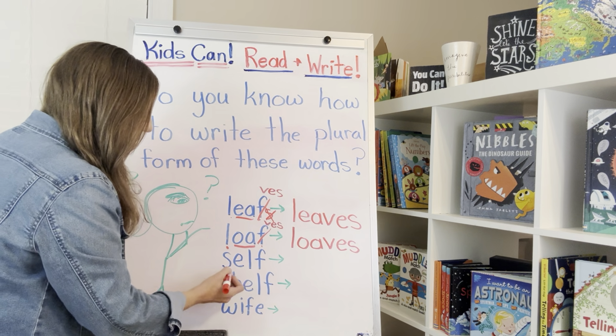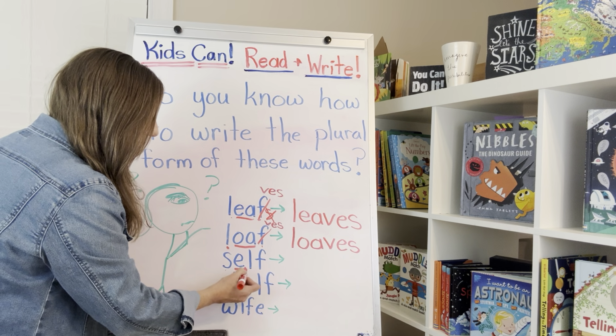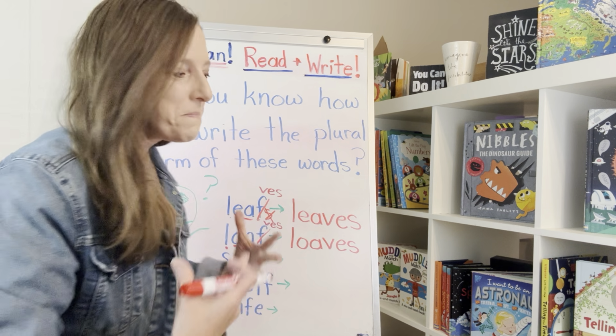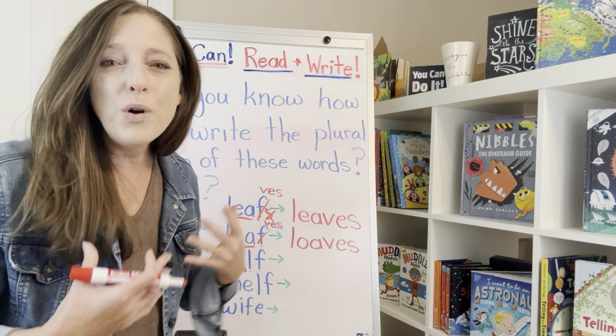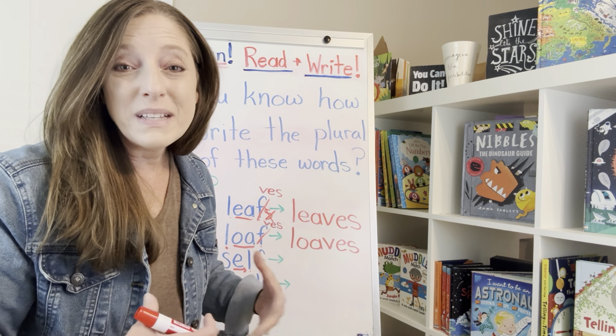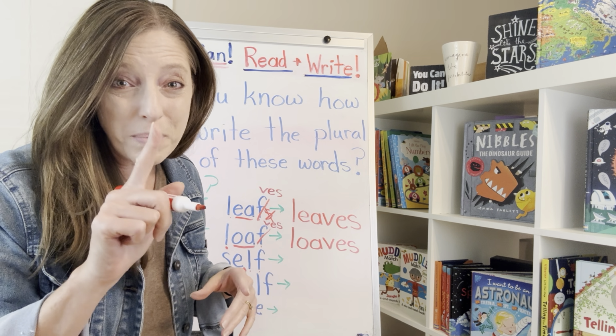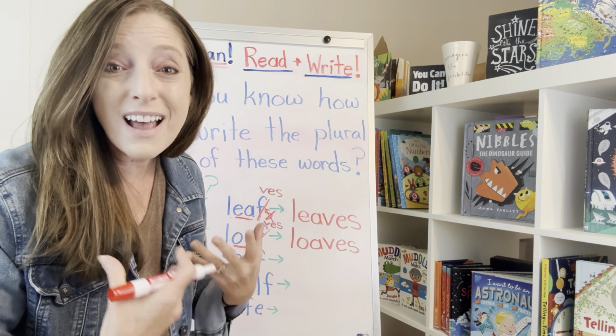So for this one, self, like yourself. If we want to talk about more than one, maybe selves, right? More than one, not just one person, not just oneself, but selves.